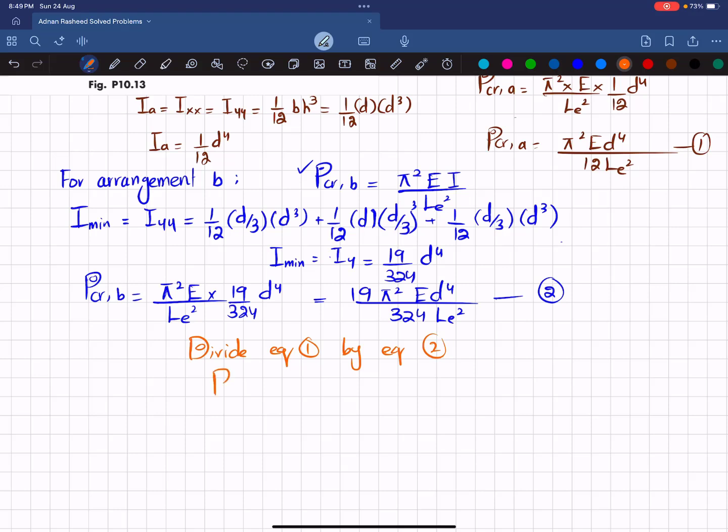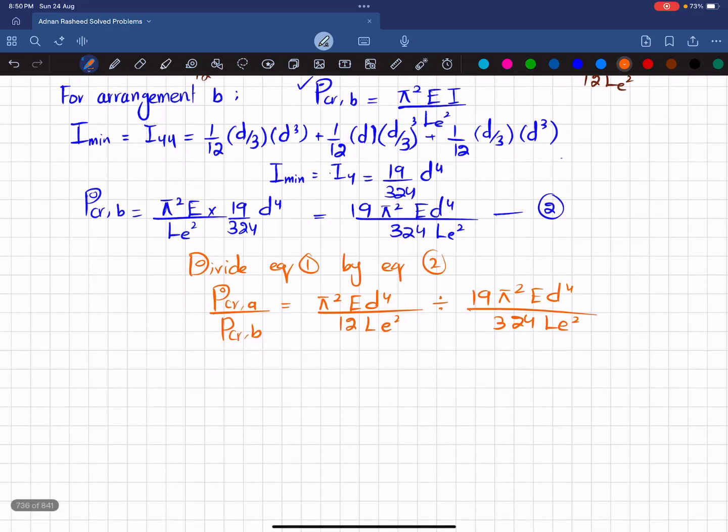So P critical for arrangement A divided by P critical for arrangement B will be equal to pi square E into D power 4 divided by 12 LE square, divided by 19 pi square E D power 4 divided by 324 LE square.